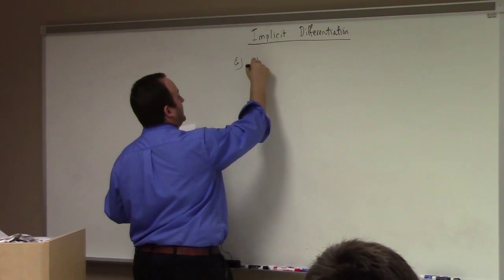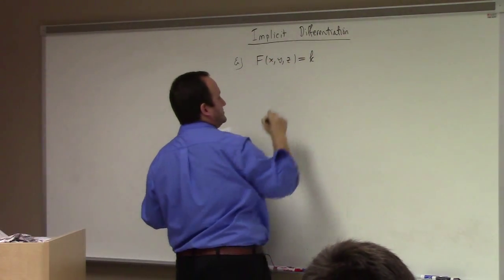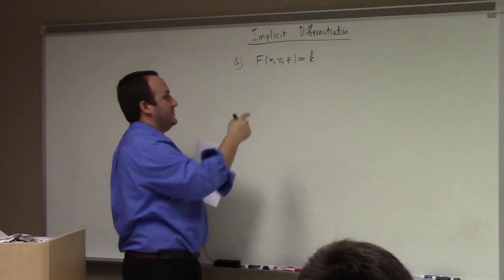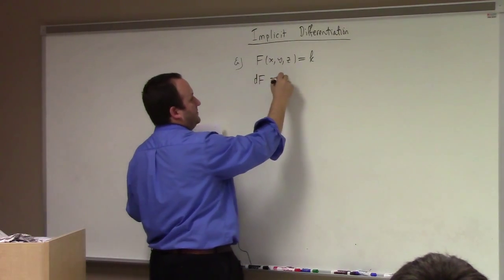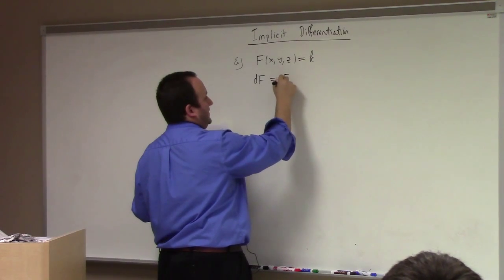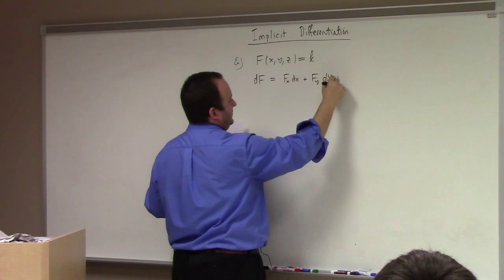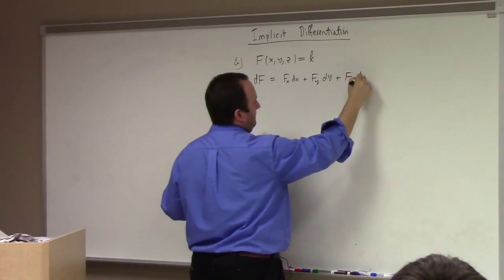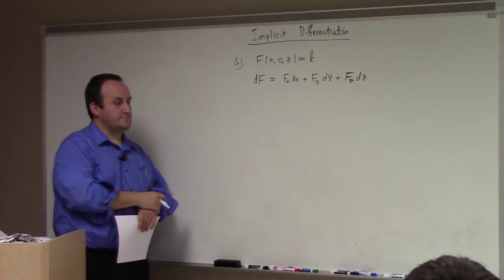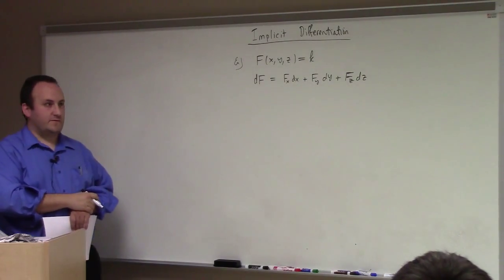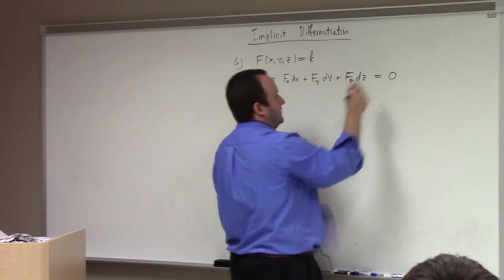Suppose I have the problem f of x, y, z equals a constant k. I calculate the differential of this, and I get f_x dx plus f_y dy plus f_z dz, and that's equal to 0 if I'm looking at the level surface.